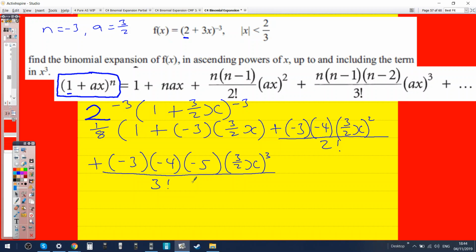It's a very quick, easy way to expand a cubed bracket or a quartic bracket, power 5 bracket. This is good for negative or fractional brackets, but this is limited. Like x here has to be between plus and minus 2/3. Whereas for the other one, it's always true.